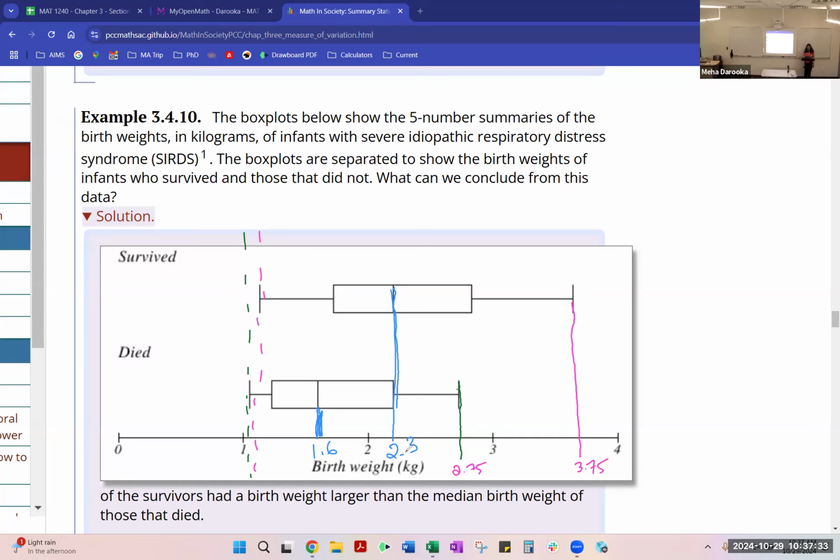Okay, where would quartile 1 fall for this group? I don't know where to estimate this one. Maybe like 1.2 or something, and 1.1 for this guy here. 3.75 for this one, 2.75 here, 2.3 for this guy, 1.6 here.